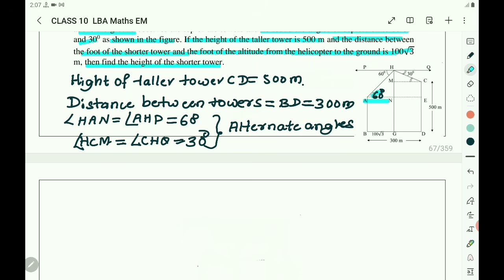AN is given, which is equal to BG. So you write AN equals BG. Both of them are equal to 100 root 3 meter.